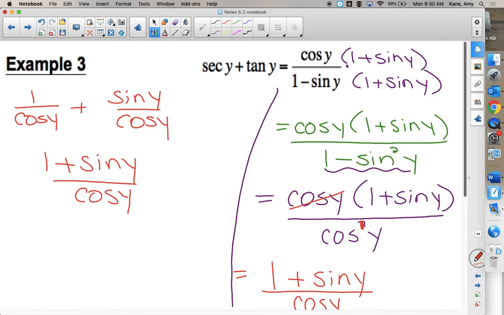And if you look, we have that same step. Those steps are the same. So I have 1 plus sine over cosine, 1 plus sine over cosine. Except that you have to still continue on because the goal is to get the cosine on the top and 1 minus sine on the bottom.